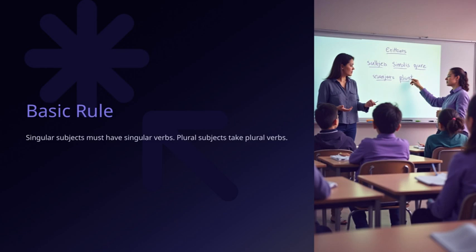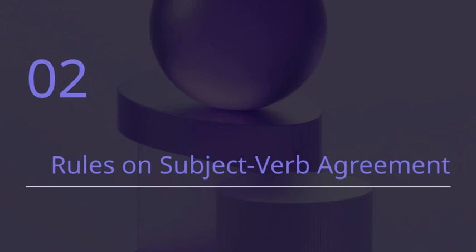This rule ties into the overall theme of clarity and precision in communication, which is essential in effective writing and speaking. Let's take a closer look at rules on subject-verb agreement. This is a fundamental aspect of clear and correct English, so understanding these rules will really help improve your writing and speaking skills.